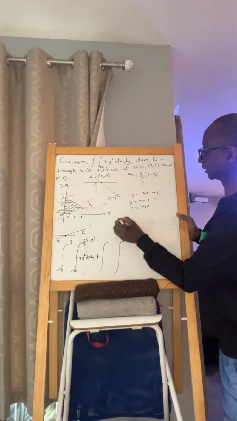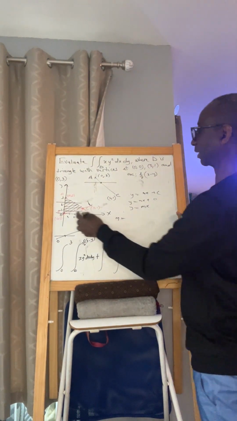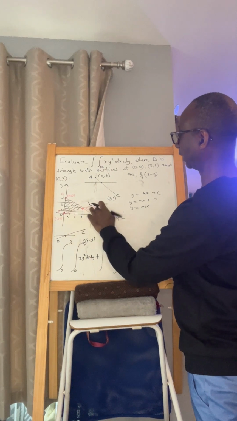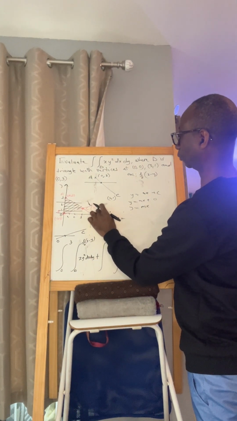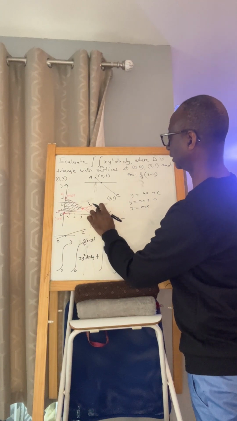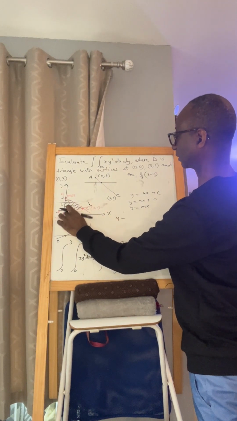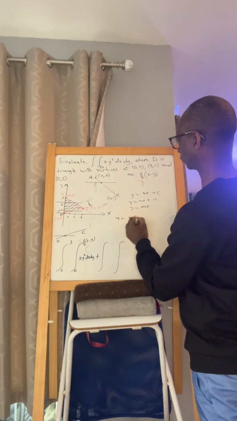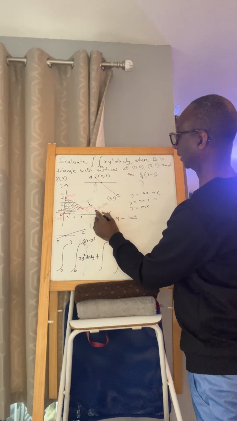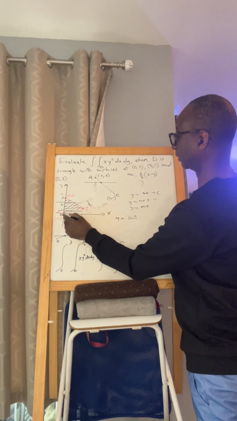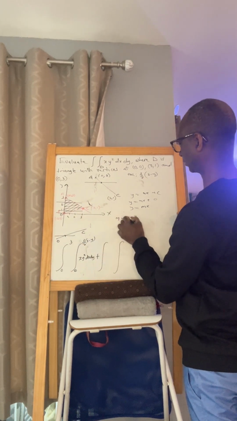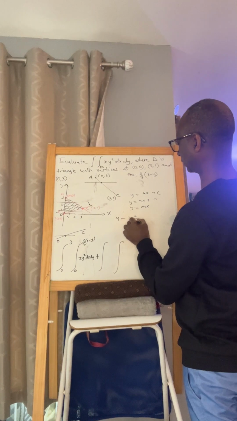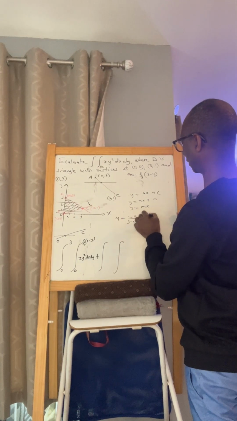Let's find the gradient. Gradient m is equal to rise, which is the y, 1 minus 0 all over 3 minus 0, the x now. It's rise over the run. So that is 1/3.